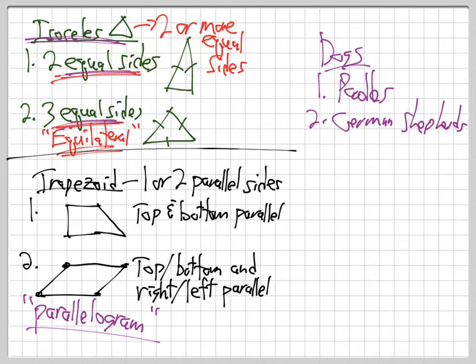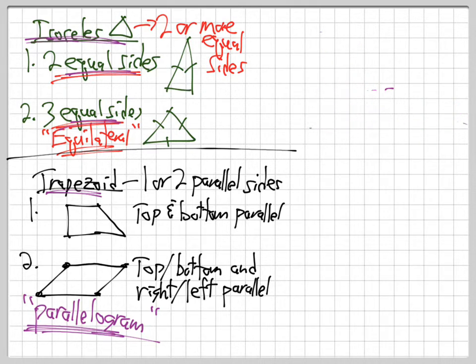So equilateral is the perfect case of isosceles. It's a type of isosceles. And parallelogram is the perfect case of trapezoid. Because for a trapezoid, one pair is parallel or more. So for a parallelogram, they're both parallel. That's what we're talking about. So that gets a little tricky there.